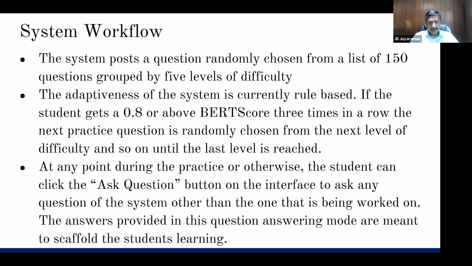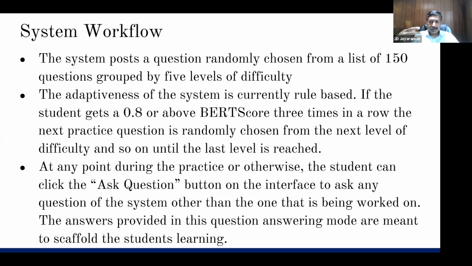So what's the workflow of the system? The system basically posts a question randomly chosen from a list of 150 questions grouped by 5 levels of difficulty. The student starts off the practice and the system randomly picks a question from the lowest level of difficulty.